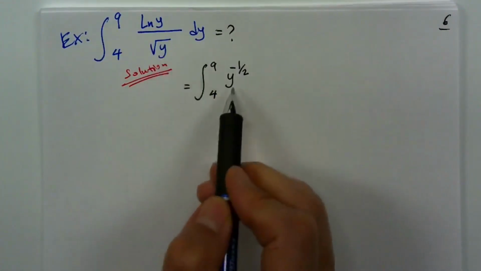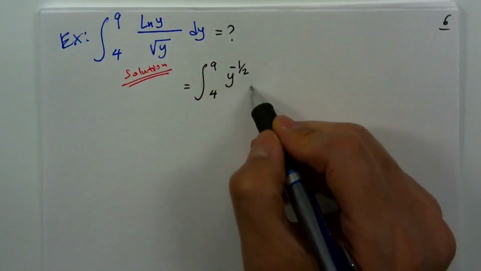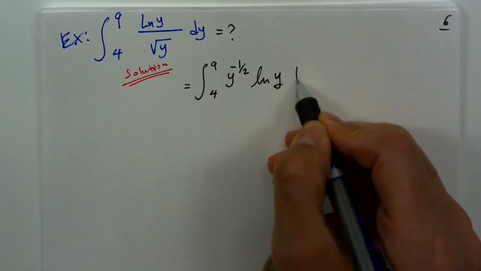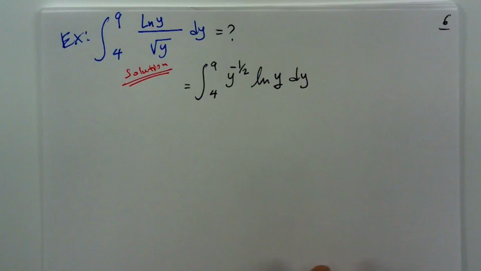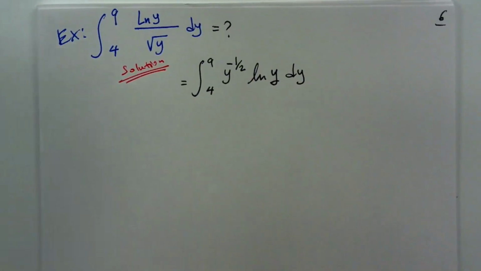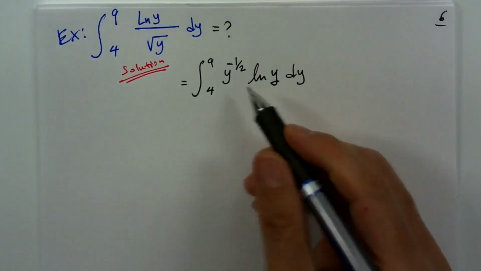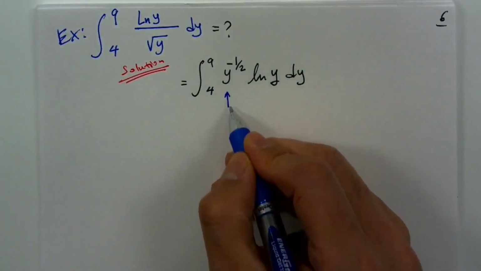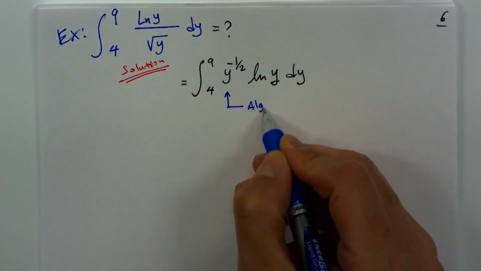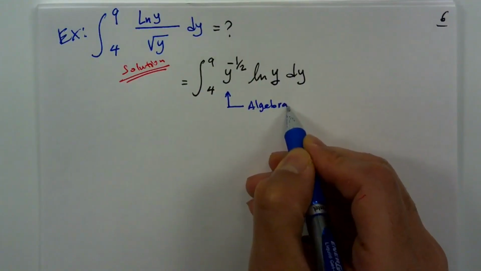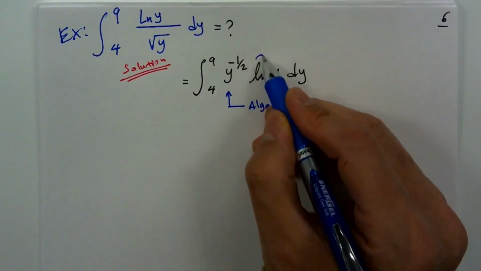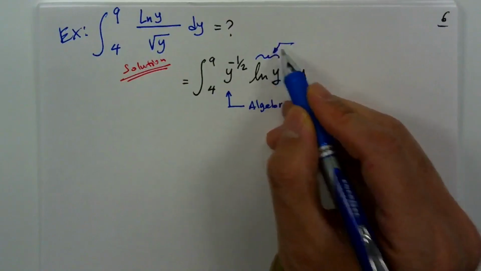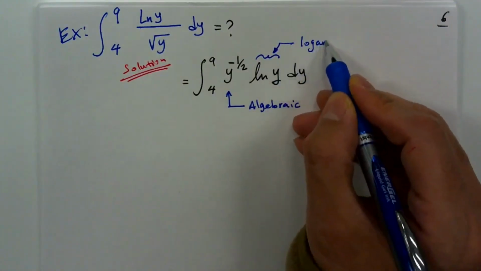That's just that piece written in this form, times natural log of y dy. Of course, this piece is the algebraic piece, and this piece is the logarithmic piece.